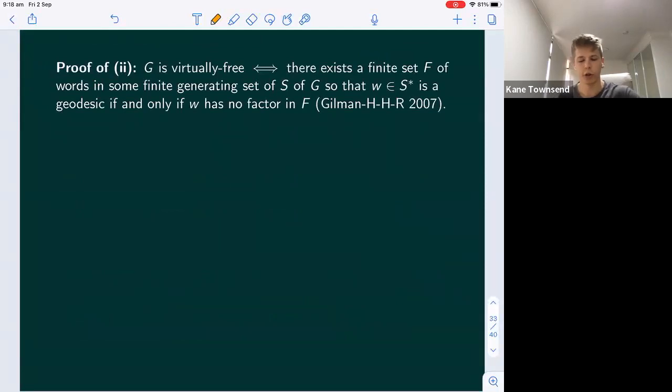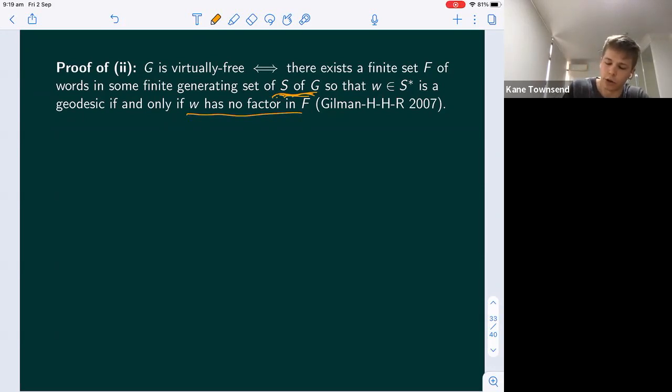So the proof of part 2 requires a characterization of virtually free. The characterization that we use is: a group is virtually free if there exists a finite set of words F with respect to some generating set of G, such that a word W with respect to that generating set is a geodesic if and only if W has no factor in F. So this F is a set of non-geodesic words.